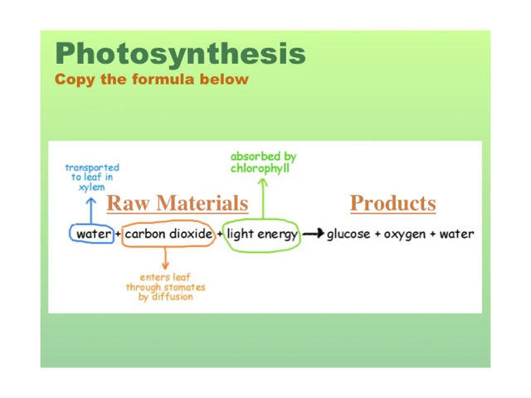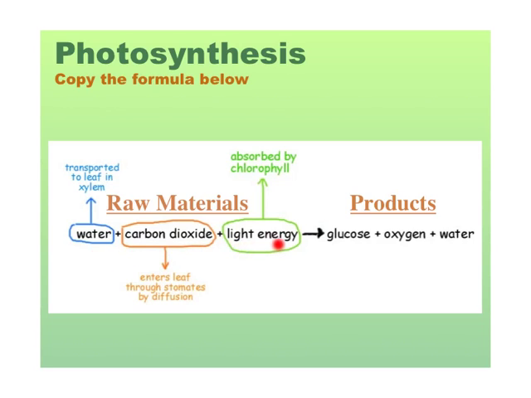Here's the chemical formula for photosynthesis. The water comes up through the roots and through the stem, through the xylem. Those are the little tubes that the transpiration is pulling that water up through by capillary action to the leaf. Carbon dioxide comes in through the stoma and into the chloroplast.